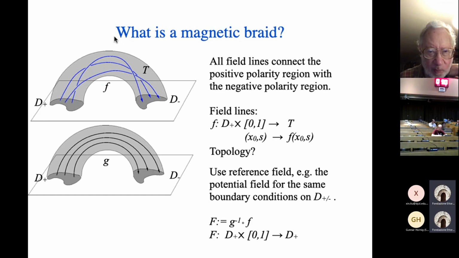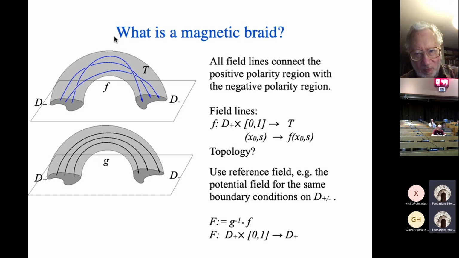And that mapping is often derived from a potential field. And there are two reasons for this. First of all, a mathematical one: the potential field in such a domain, which we require to satisfy the same boundary conditions, so the same normal component on these cross-sections, is uniquely defined. So this is a nice mathematical property.